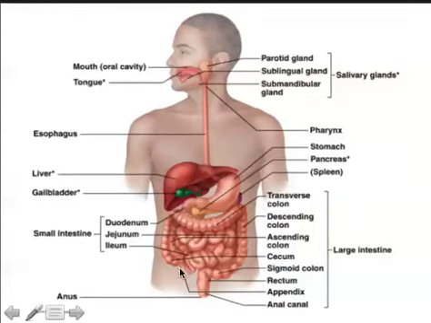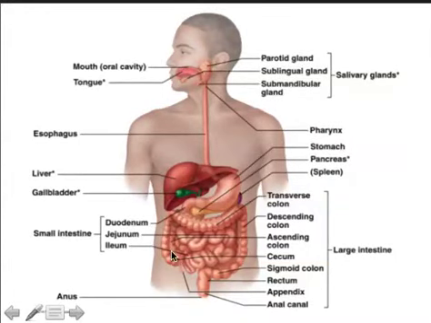This is your appendix, and it can begin to fill with gas and inflame, and if it ruptures, then fecal material can be sprayed all over the inside of the abdominal pelvic cavity, and that can cause the lining of the abdominal pelvic cavity called the peritoneum to inflame, and that's called peritonitis. And if the bacteria get into the blood, that can cause septicemia, which can lead to multiple organ failure.